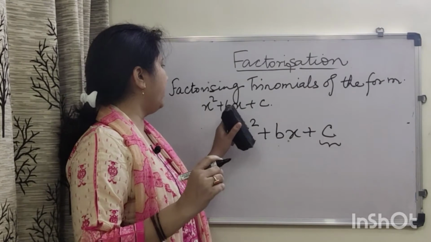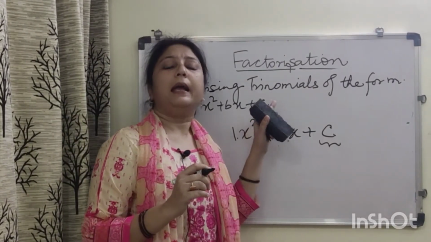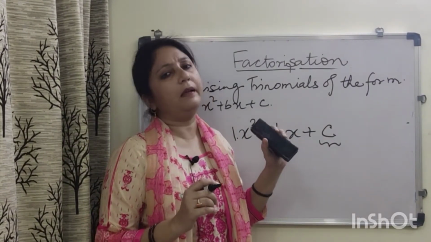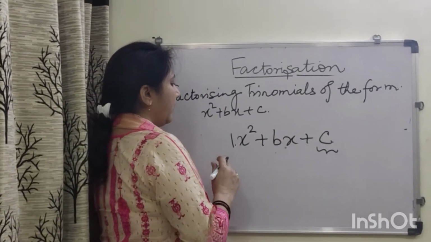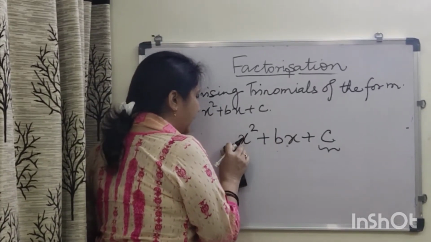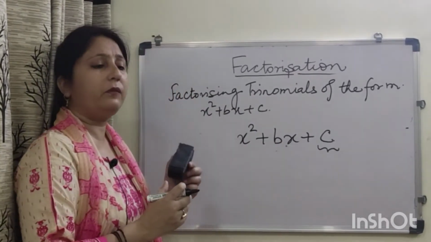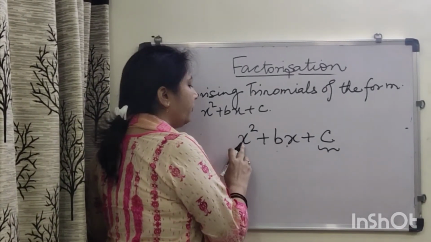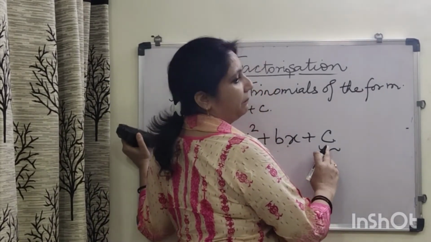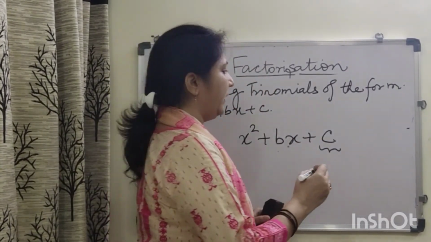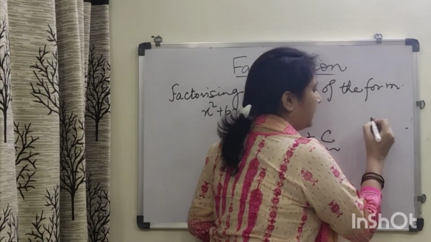Then only it will satisfy this form x square plus bx plus c. Now, as you can see in x square plus bx plus c, the coefficient of x square is 1. So, we look for the constant term. Constant is c. Constant term is c.